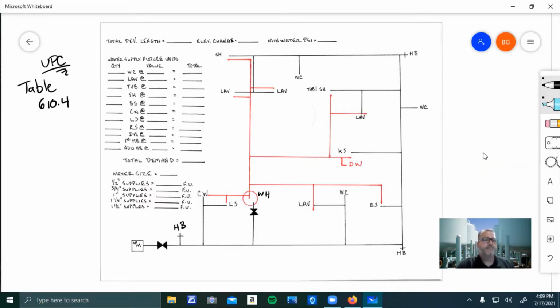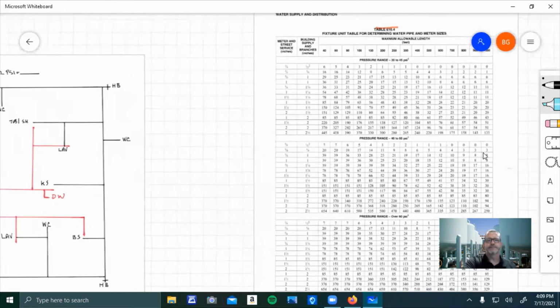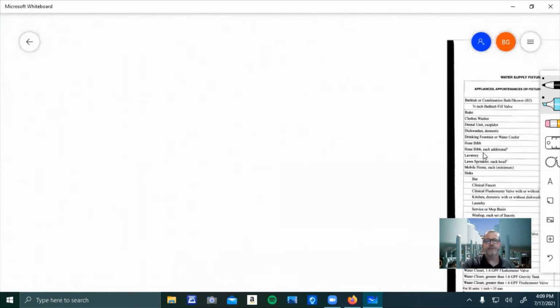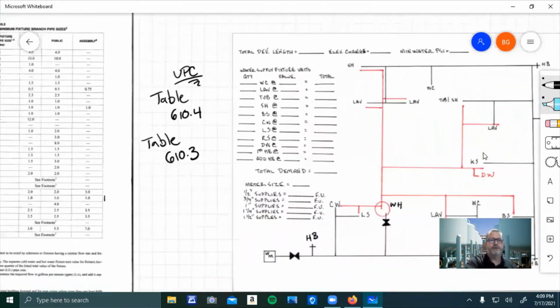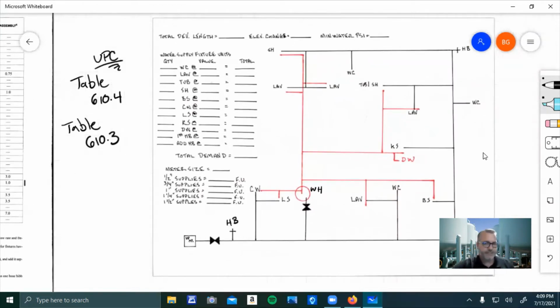Sorry about that, everybody. And our fixture units are derived from table 610.3. The cool thing is I have 610.4 over here and 610.3 right there, so we'll be able to look at both of those while we're doing this one sizing exercise.